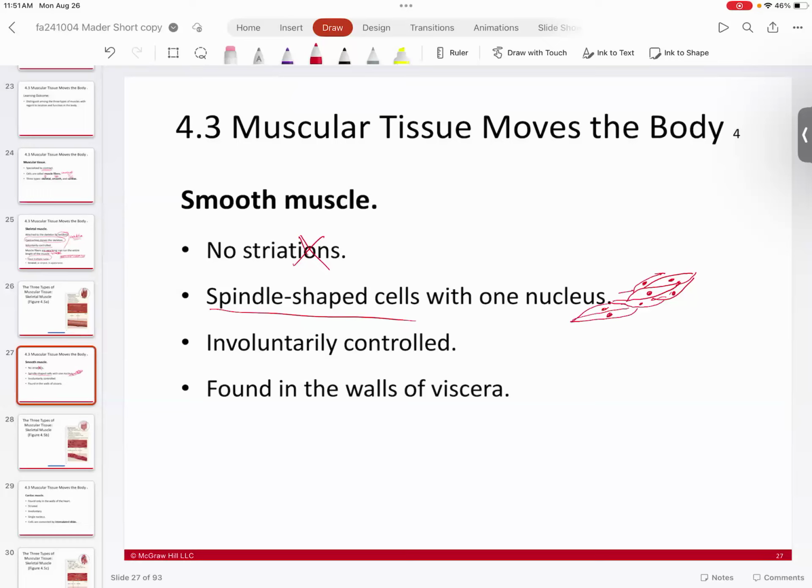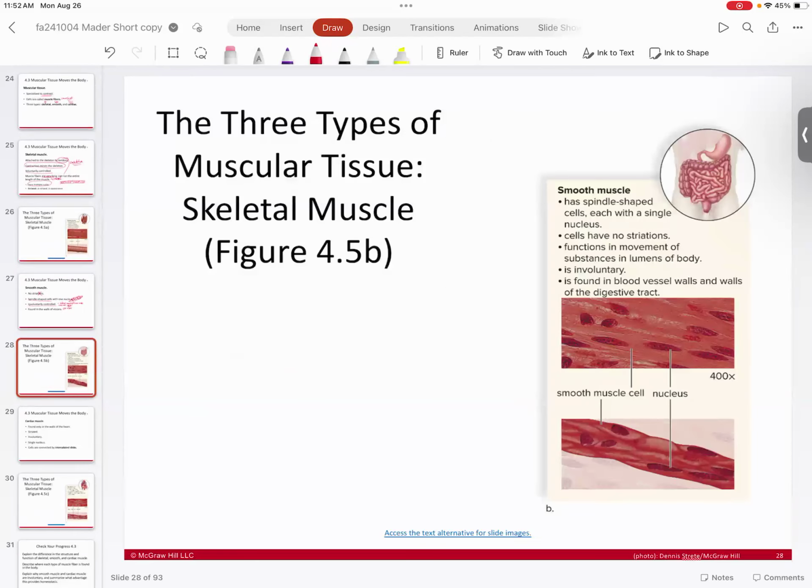This is typically for involuntary control. They line the organs and are associated with internal movements not under conscious control, like blood vessel dilation and the way your digestive system moves around.